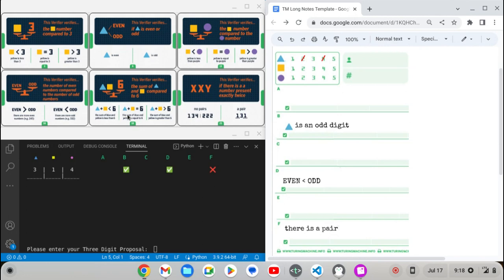So that said, we do have a pair, and we do have criteria card C that could potentially pair up our square and circle values.